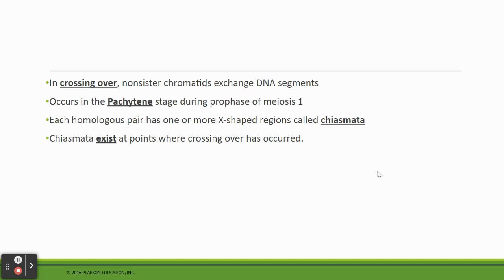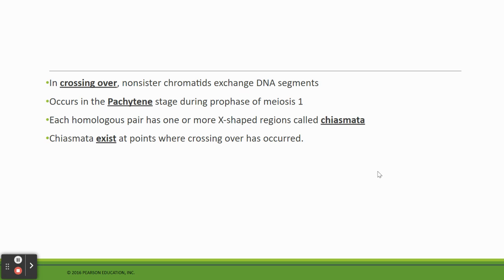This is a good thing. Very specifically, it does have a name where crossing over occurs. I'm sorry, I forgot. They call it the pachytene stage. So the pachytene stage during prophase 1 of meiosis 1 is where crossing over occurs. For our purposes, if you say it happens in prophase 1 of meiosis 1, that's good enough for me, okay? Each homologous pair has one or more X-shaped regions.